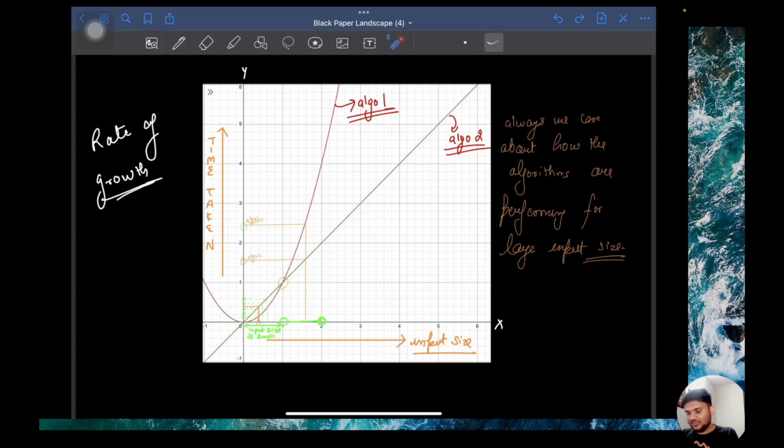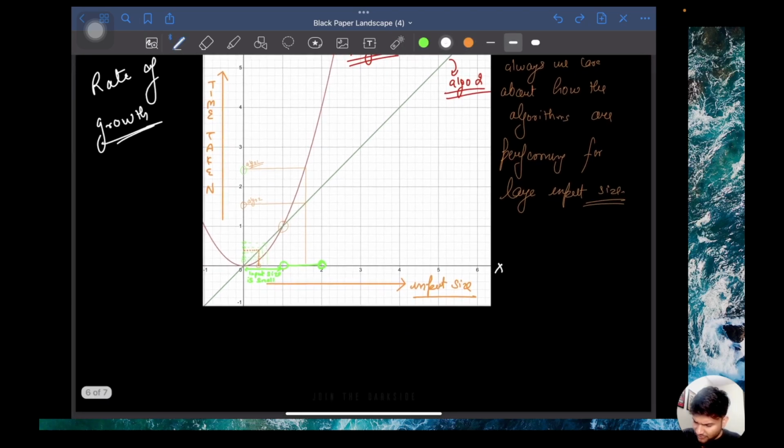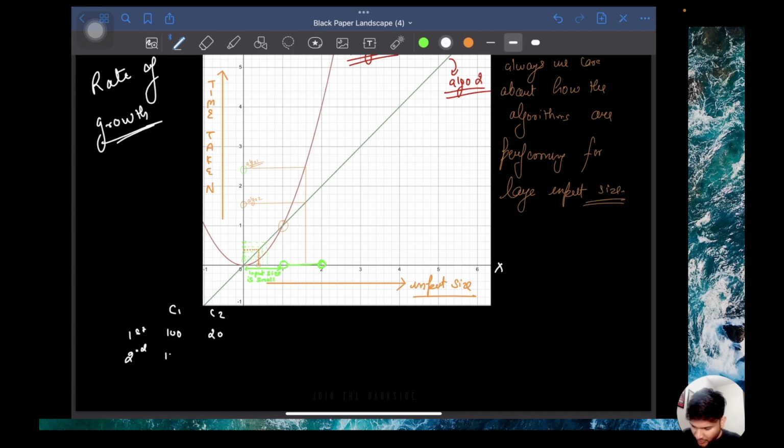Just think about it. If there are two companies, one company is growing at a faster rate, that means their overall profit is growing faster. For example, in the first quarter, there are two companies, company one and company two. Company one made a profit of 100 rupees, company two made a profit of 20 rupees. In the second quarter, company one made a profit of 105 rupees, but company two made a profit of 80 rupees. In quarter 3, company 1 made a profit of 110 rupees, company 2 made a profit of 140 rupees.